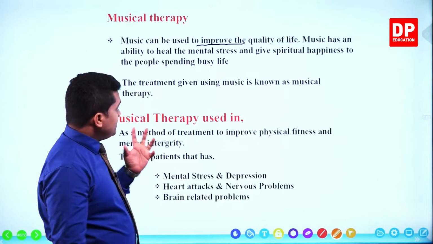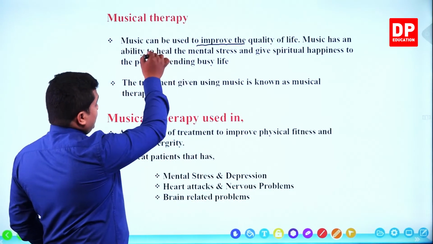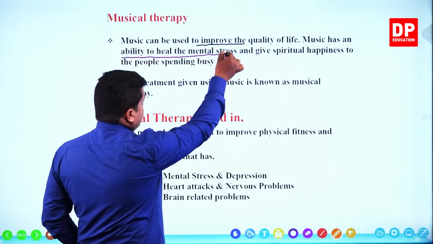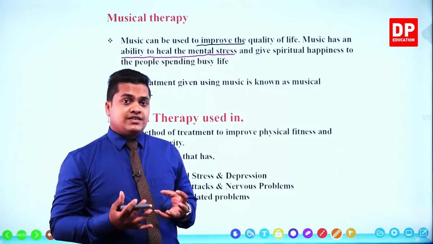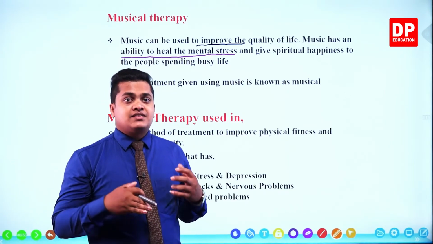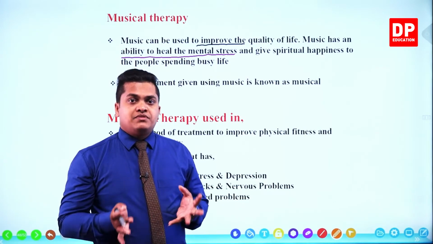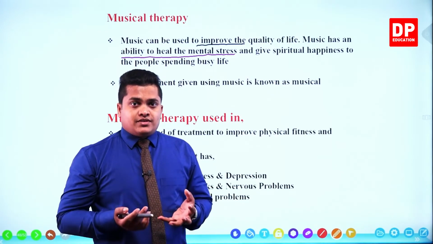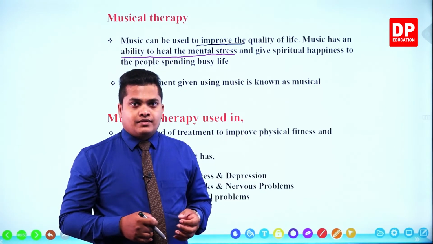Music has an ability to heal mental stress. Mental stress can be healed by listening to music, right? Most of the time nowadays, even patients are directed to listen to music, right?